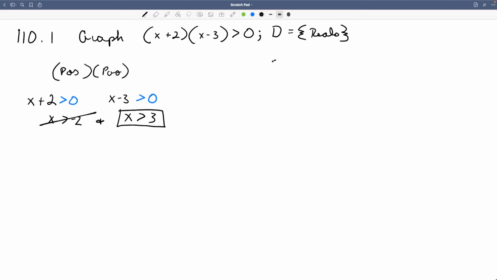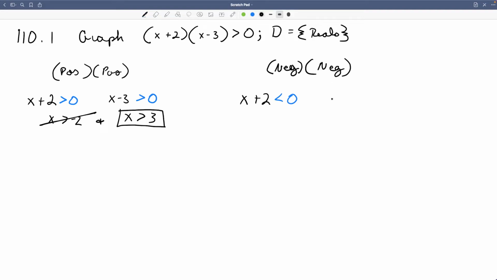Now we have to take into account if they are both negative. So negative and a negative times each other. So we're going to say x plus 2, for a negative, it's the opposite sign, right? It would be less than 0 because that'd be negative 1 and so forth.